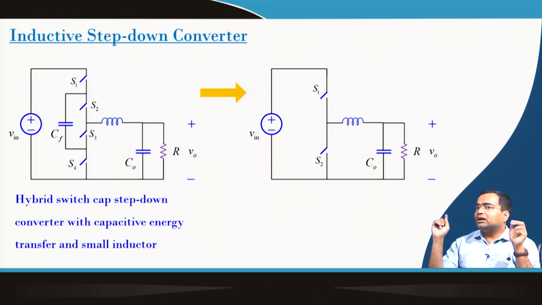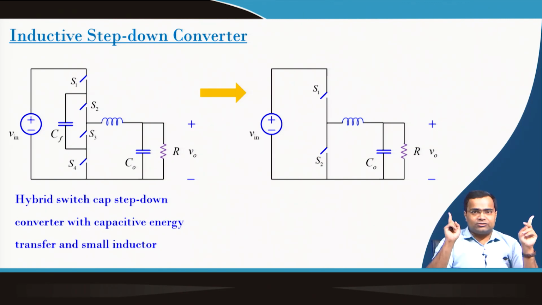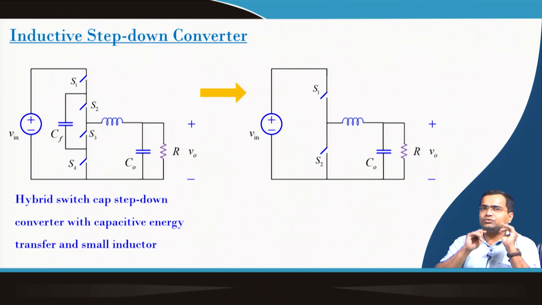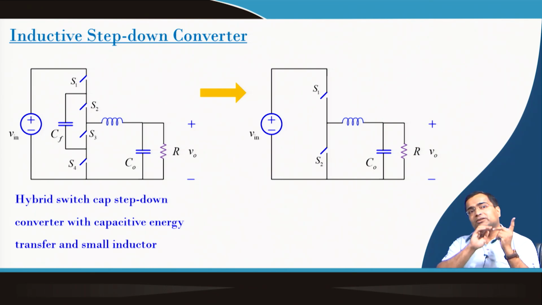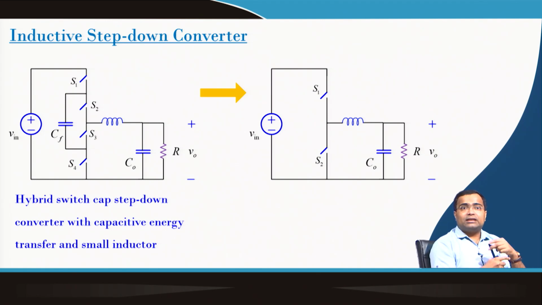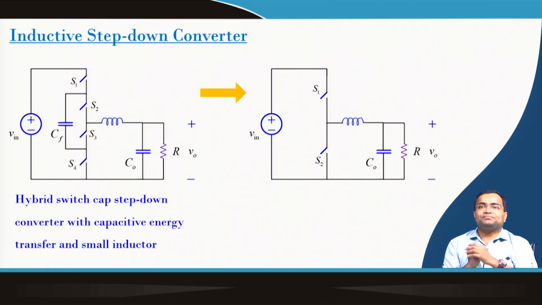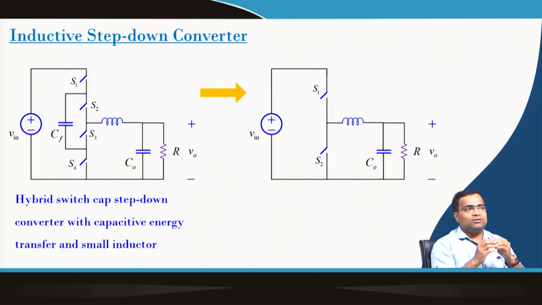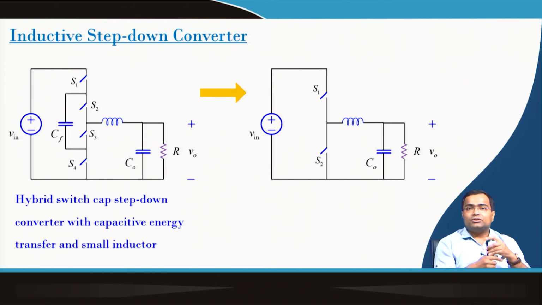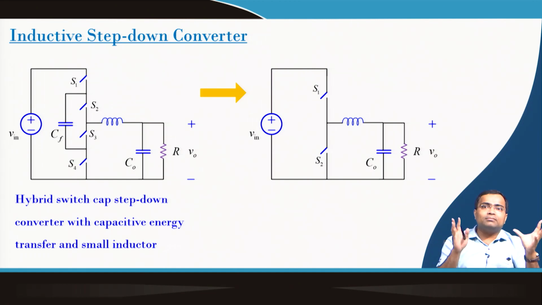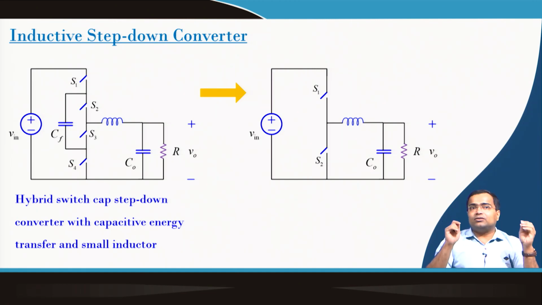So, for a similar switching frequency, in this hybrid switch capacitor converter the inductance value can be reduced, and people talk about the 3 level buck converter, where for the same switching frequency we can reduce the inductance value.